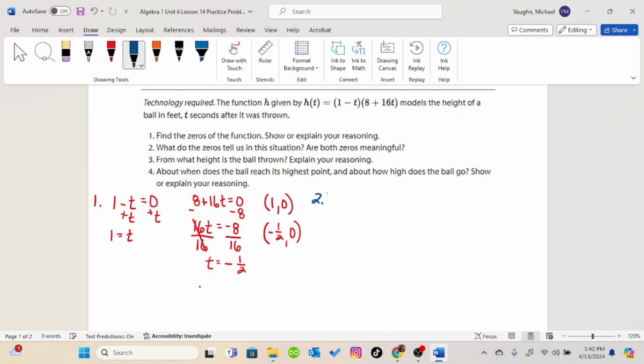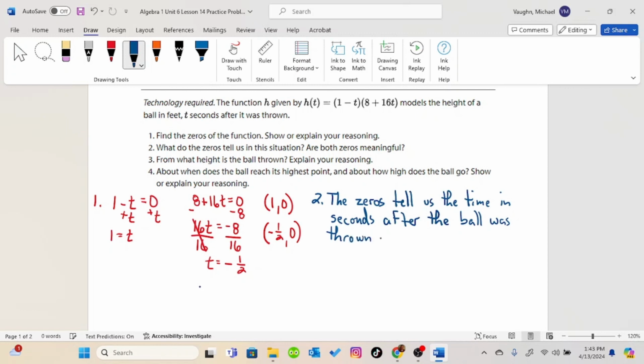So number 2, the zeros tell us the time in seconds after the ball was thrown, when the height was 0.